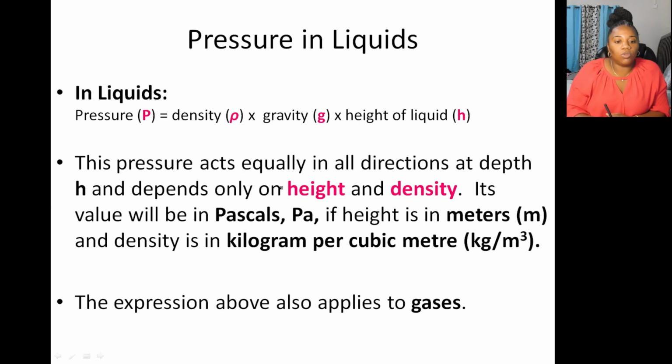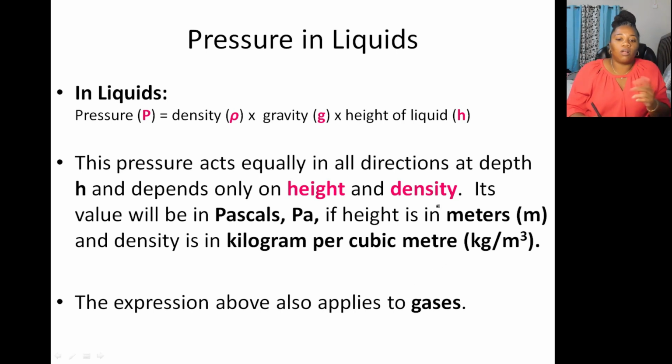It depends only on height and density, because you know that gravity is constant. So its value will be in pascals if height is in meters, and like I say, you always have to pay special attention to your units, and density is in kilograms per cubic meter.